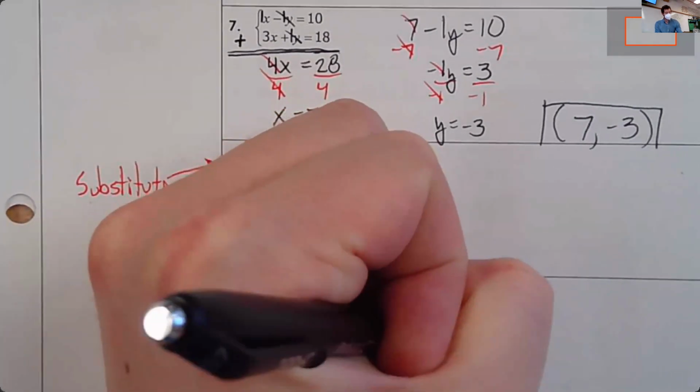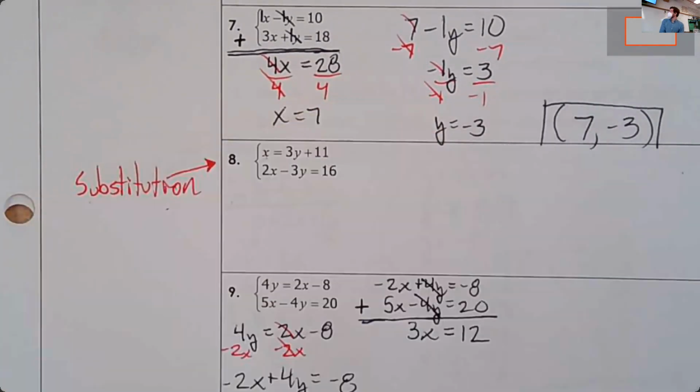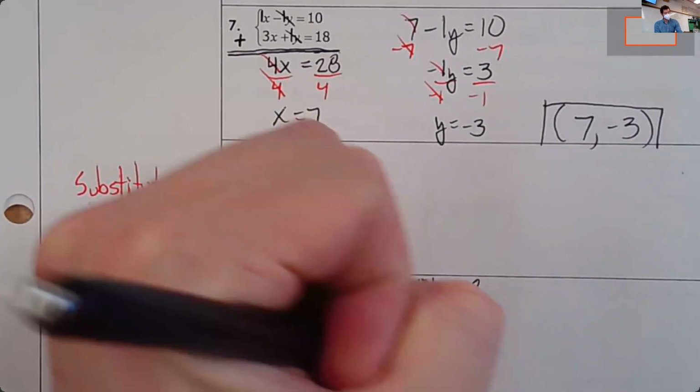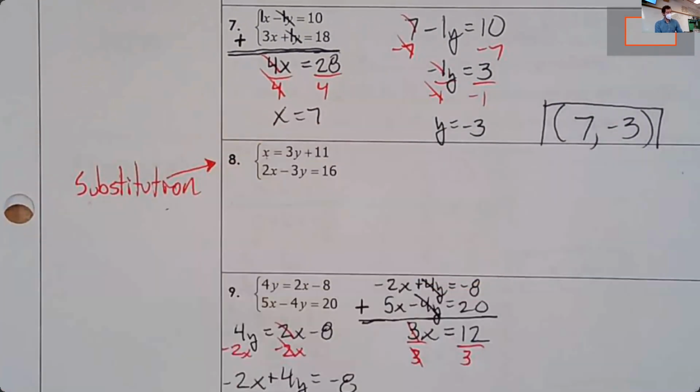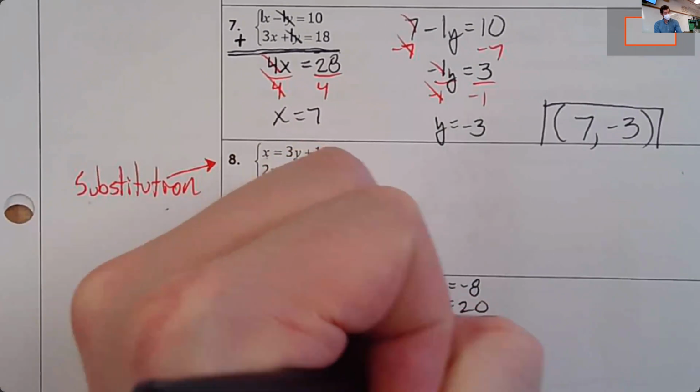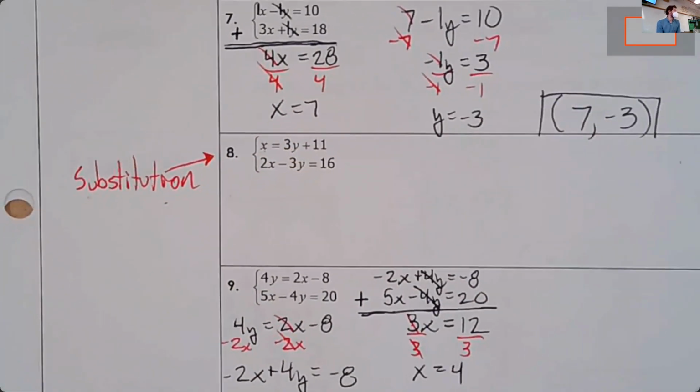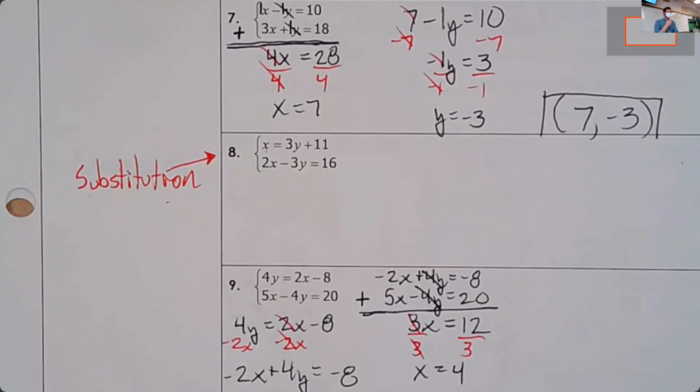And then negative 8 plus 20 is 12. So we have 3x equals 12. To solve for x, all we have to do is divide by 3 on both sides. And x equals 4. So we solve for x equals 4.